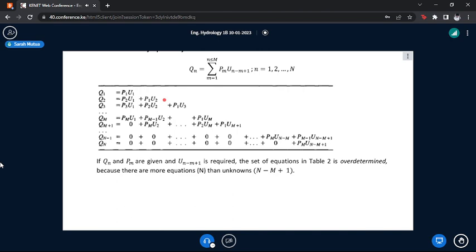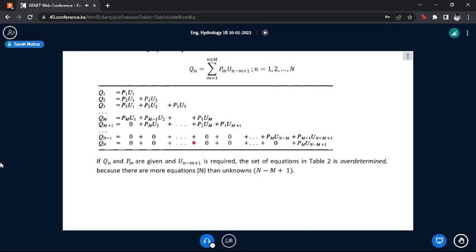You will have the matrix of rainfall, and this is usually the largest matrix. It will end up being like a diagonal matrix.